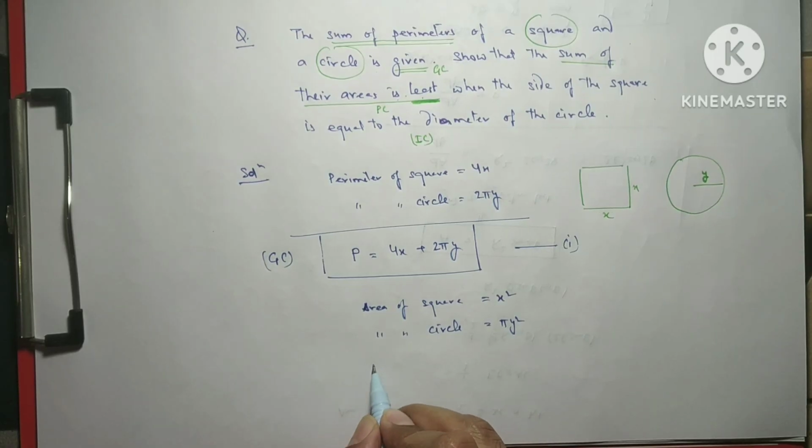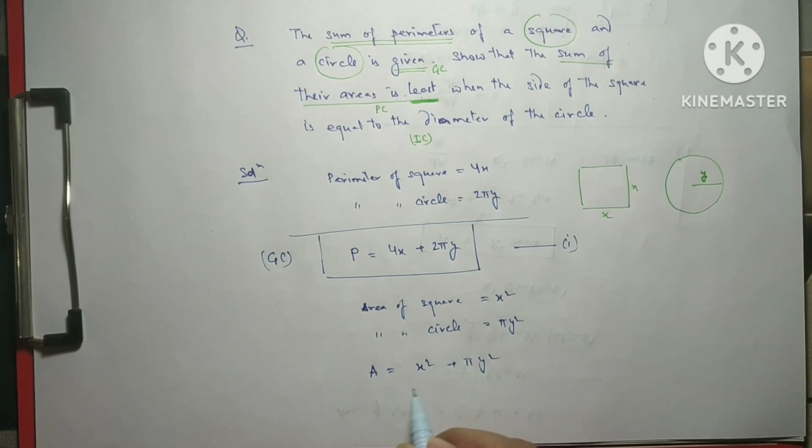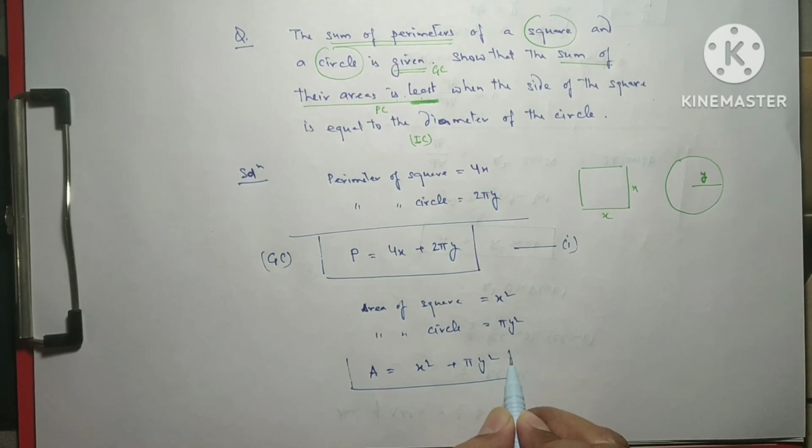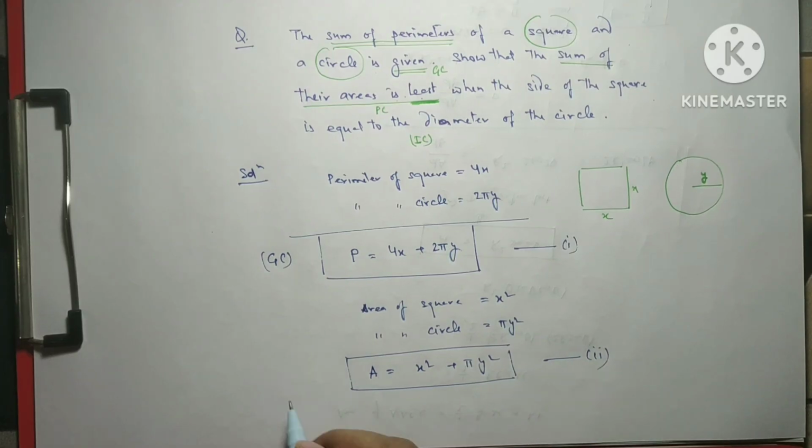So the sum of areas will be x square plus pi y square. This is equation 2, and this is the proving condition.